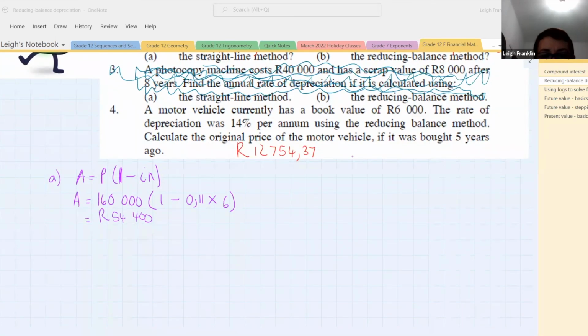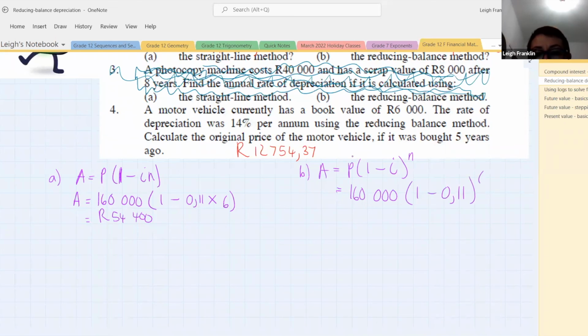So here, we're using this formula, A equals P(1 minus i) to the power of n. It's going to be 160,000 still as our P value, (1 minus 0.11), and now it's to the power of 6.